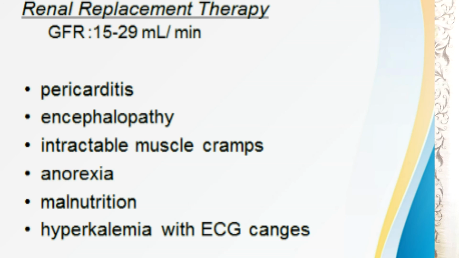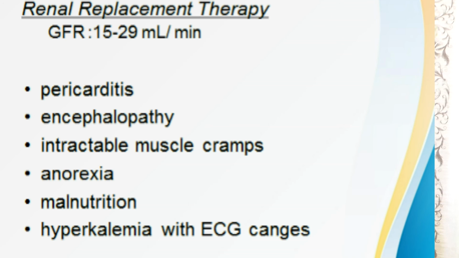Now we come to the treatment which is very important and most popular for chronic kidney disease. There are three main treatments. First is renal replacement therapy, then hemodialysis, and last is kidney transplant.